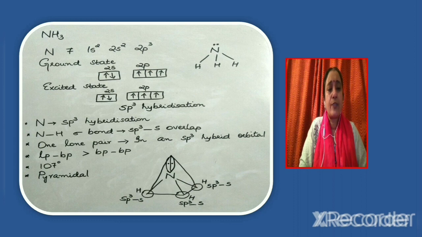Here in the case of ammonia, there will be bond pair repulsion as well as stronger lone pair bond pair repulsion. Therefore, in order to minimize the repulsion, the orbitals containing the bond pairs of electrons will be oriented at an angle of 107 degree. The molecule ammonia is therefore pyramidal.